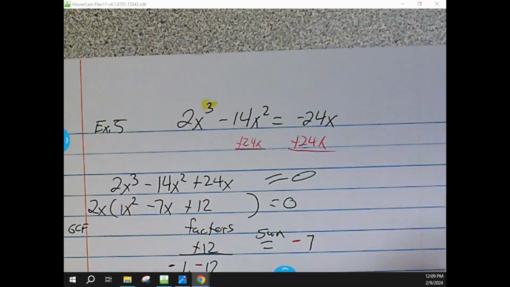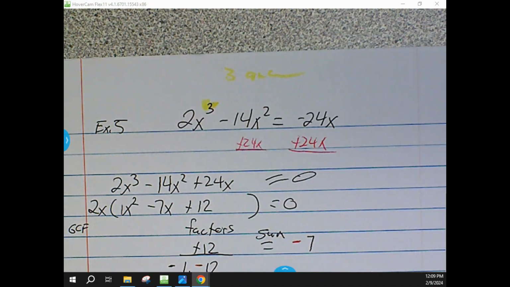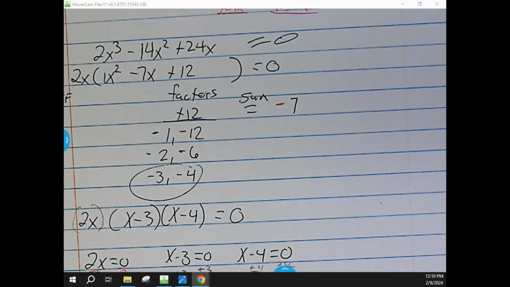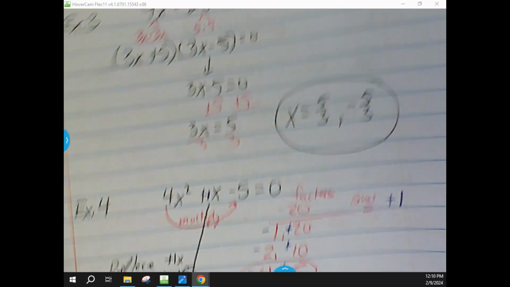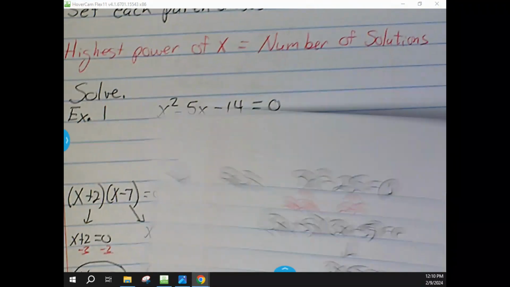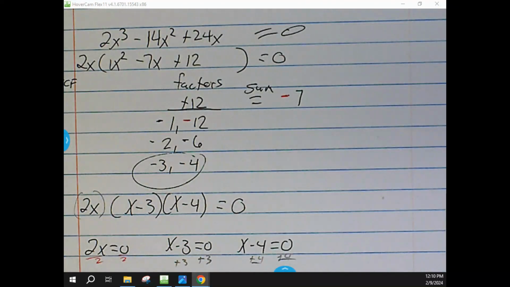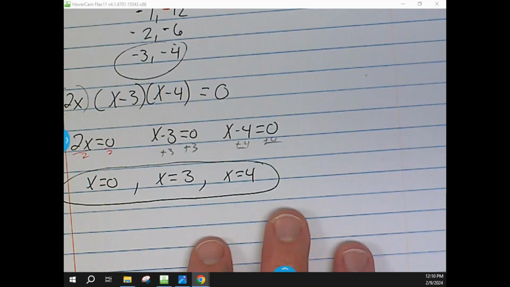That means we're going to need three answers. On all the other problems that we did back here, we started off with x squared, so we're only looking for two answers. X squared, two answers. Even back here, that was x squared, so we had two answers. So whatever the biggest power of x is, that's how many answers we're going to look for. So x to the third gave us three answers there.